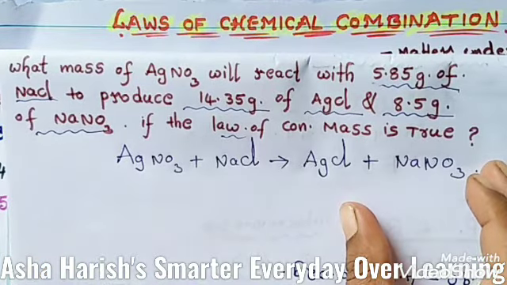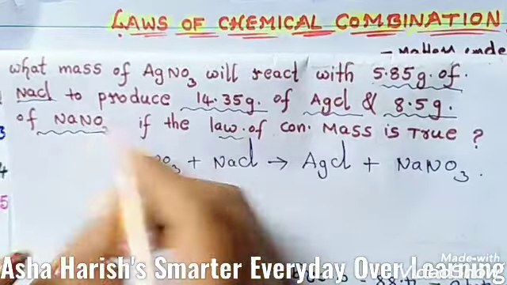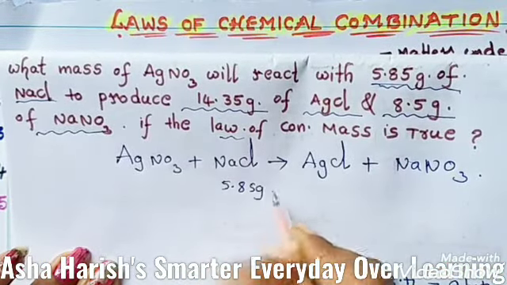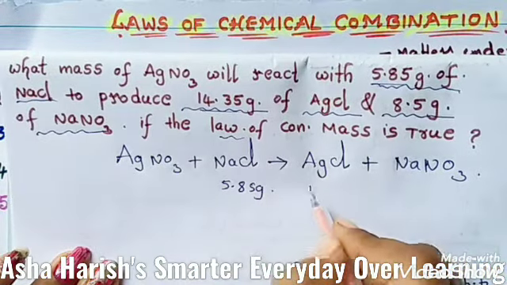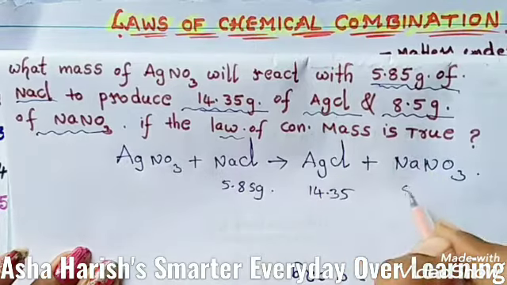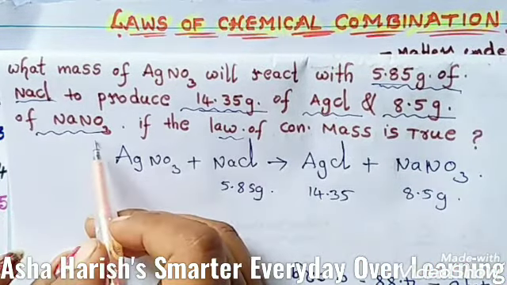Now we shall represent the weights they have given in the question. NaCl weight is 5.85 grams, AgCl weight is 14.35 grams, and 8.5 grams of sodium nitrate.